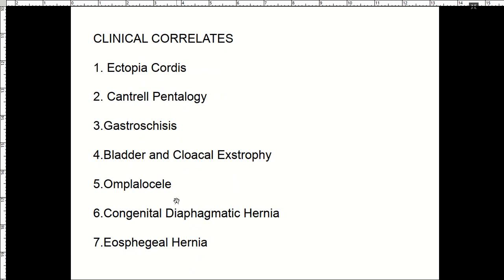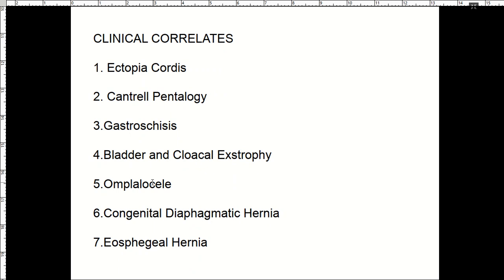They undergo what's called physiological herniation because there is a lot of pressure inside the abdomen, so they herniate into the umbilical cord, right? And then after some time, they retract back into the abdominal cavity. So failure of the retraction of those herniated intestinal loops is going to be called omphalocele.